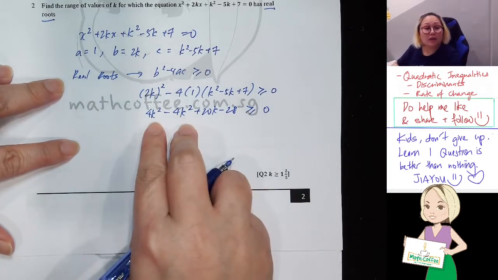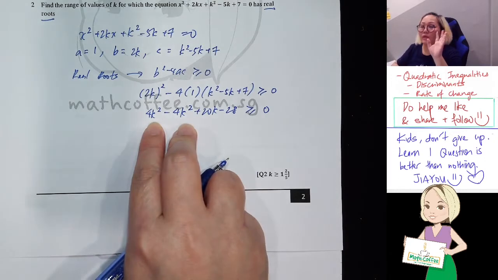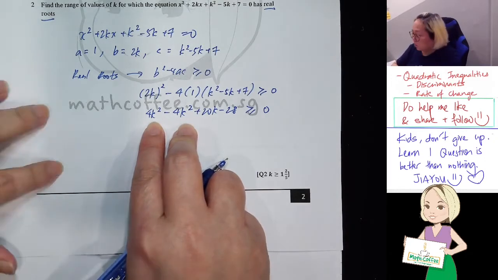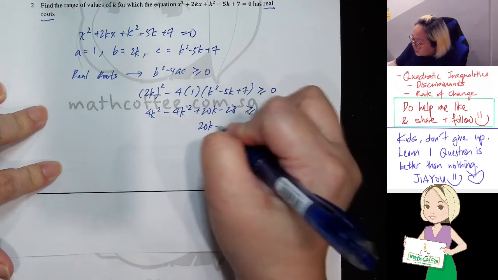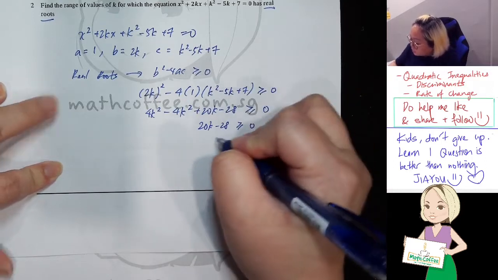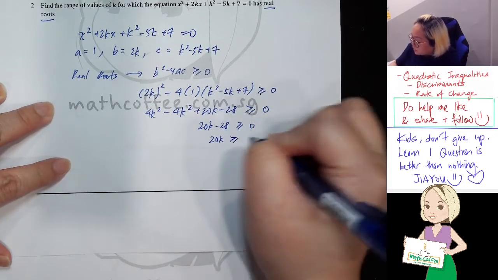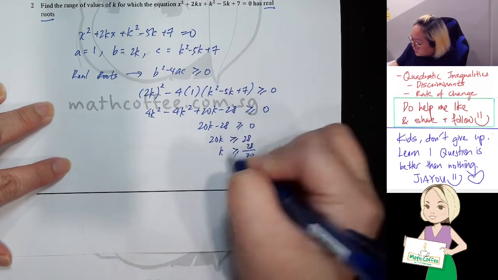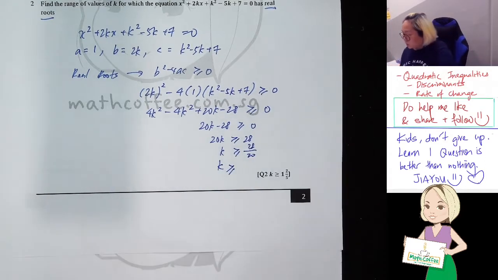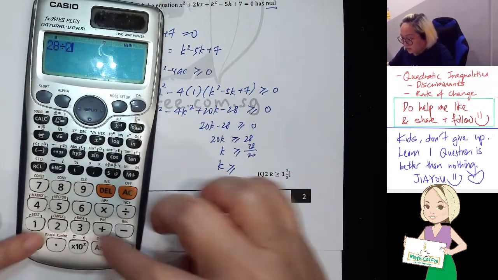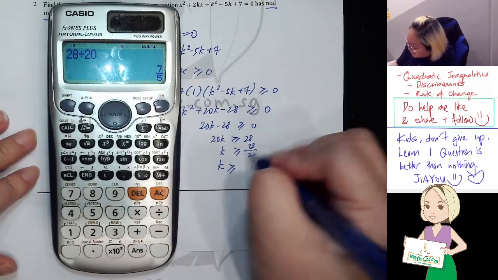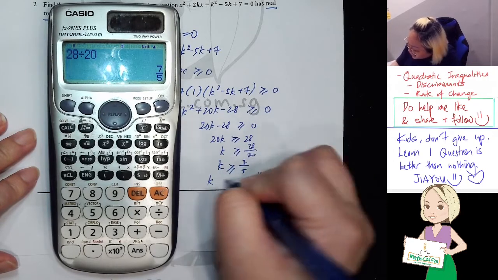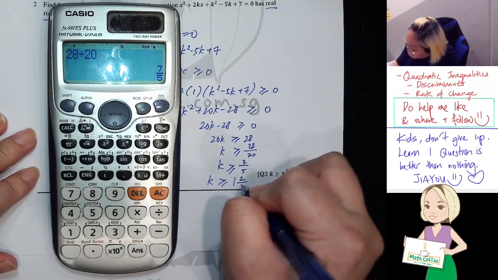Just nice, this one nets off each other, so that's why it becomes a linear inequality. So I have 20k minus 28 more than equals to 0. So 20k will be more than equals to 28. k will be more than or equal to 28 over 20. We can reduce it to the lowest term, 7 over 5. So put it in mixed number, so it's 1 whole 2 over 5.